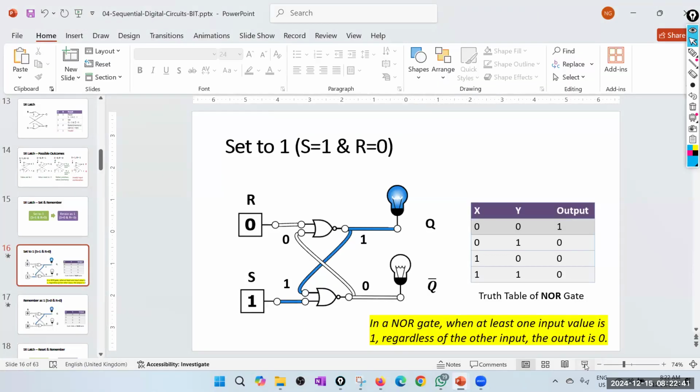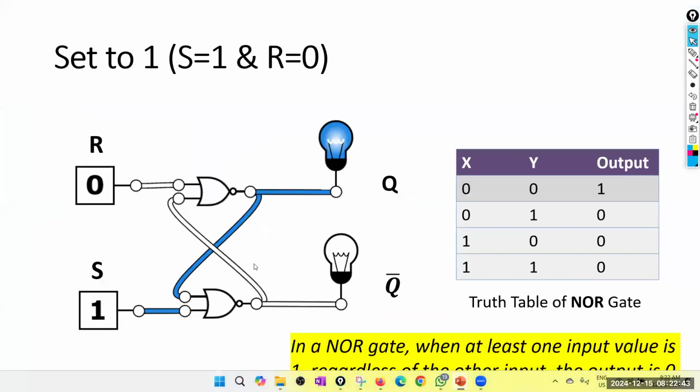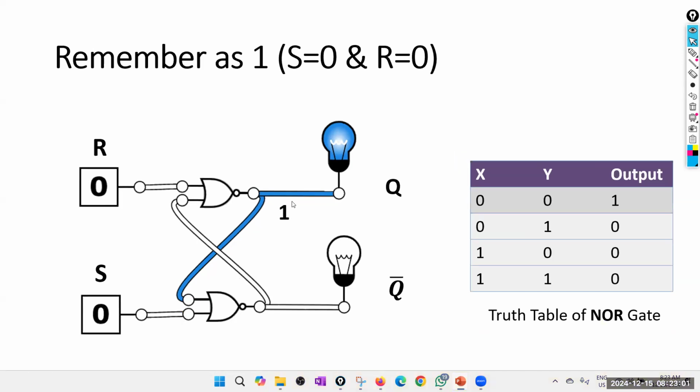Okay, right. So now let's see what happens when you make it back to 0, 0. Now we have already set it. Right? We have set it. So this is the final state. This is 1, this is 0. While it is in this state, that means Q is 1, Q dash is 0, remember Q is 1, Q dash is 0, now we make both 0.